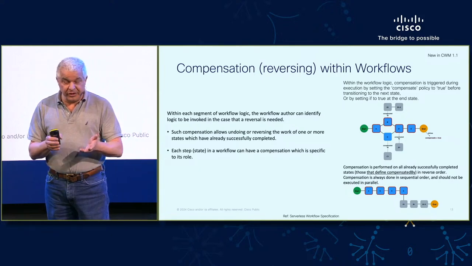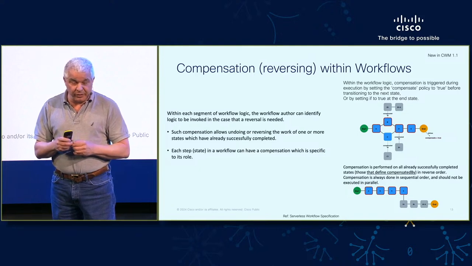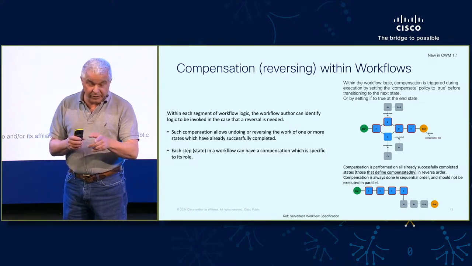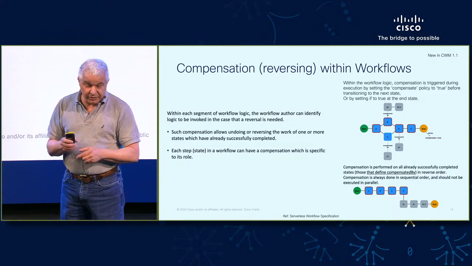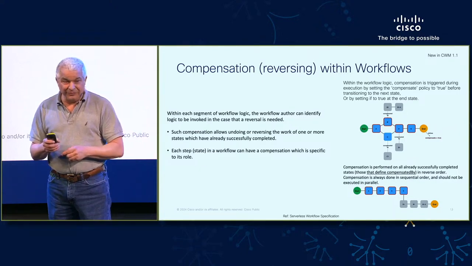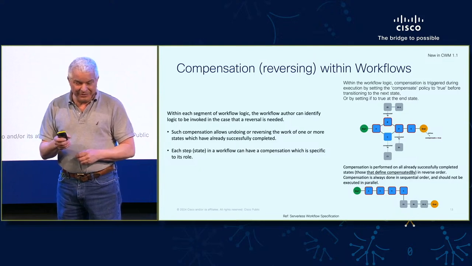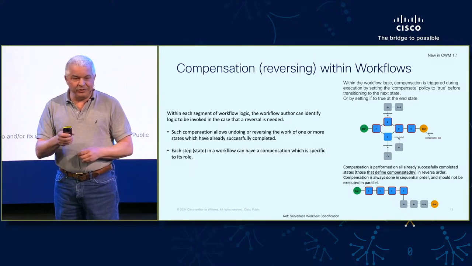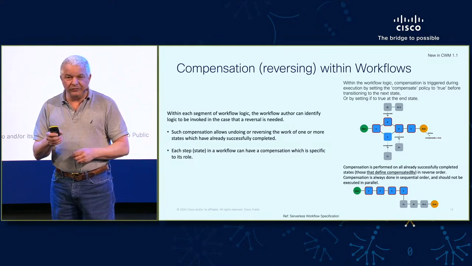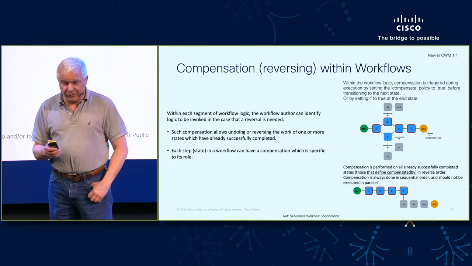In this example, you'll notice that it didn't run the compensation for the block at the bottom, C, if I'm reading it right. Sorry, eyesight's not so good. That's because that one didn't execute to begin with. So it's smart enough to know where to go and what to do.